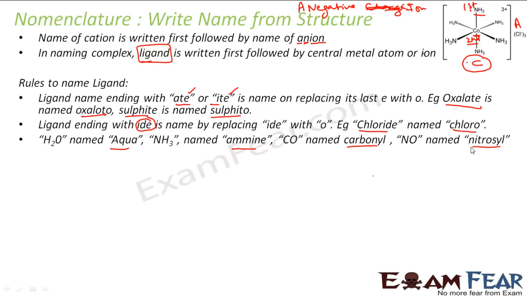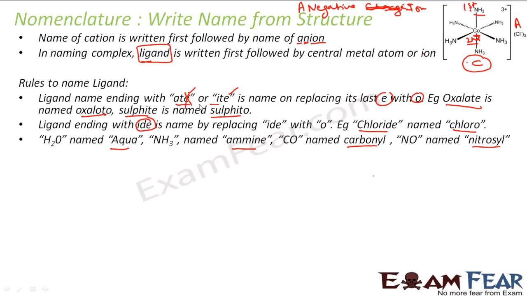See, the first thing is pretty clear. We have to write cations and anions. Cations are written first. And then if the cation is a complex, you should know the rules to write the complex. In the complex, first the ligands are written, then the metal. The rules to write ligands I just described here. If the ligand name ends with ate, we replace the e and make it o.